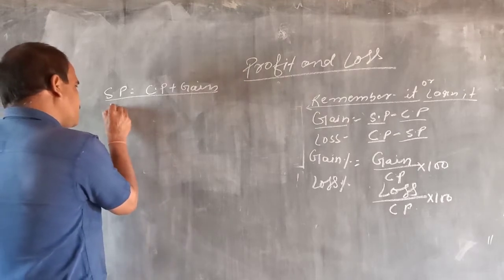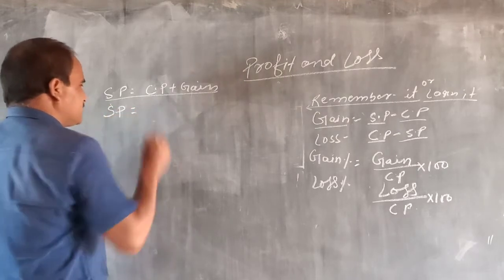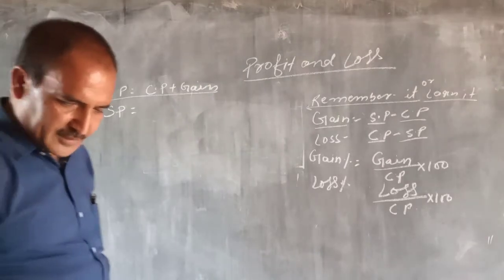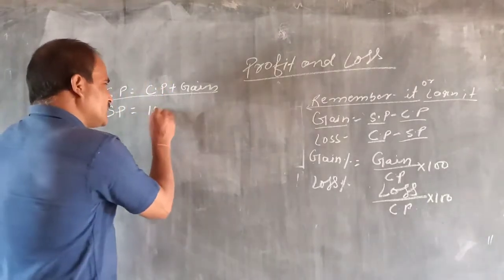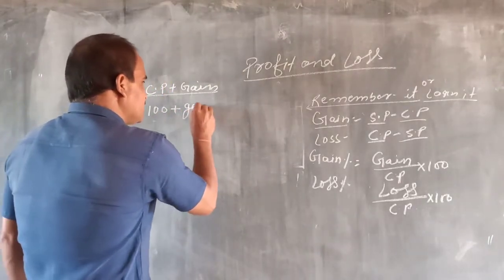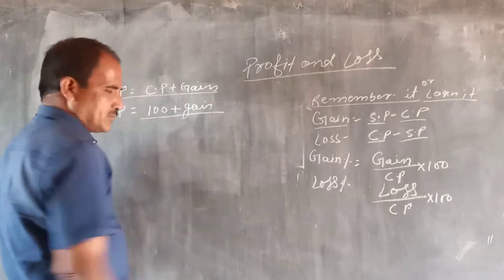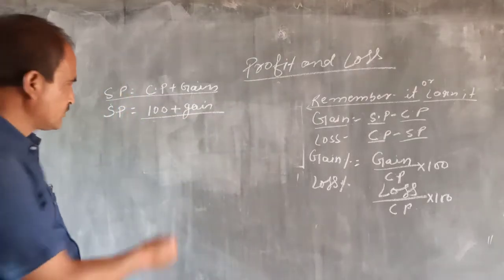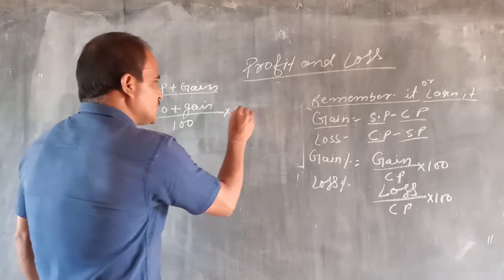And if you are going to find SP, then you have to write (100 plus gain percent) by 100 into CP.